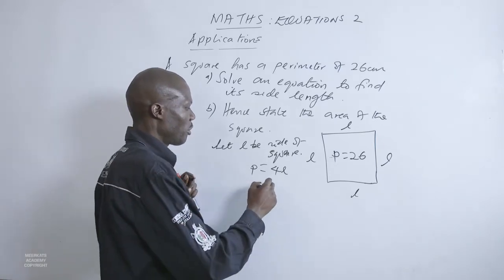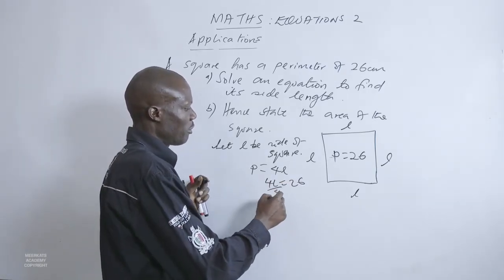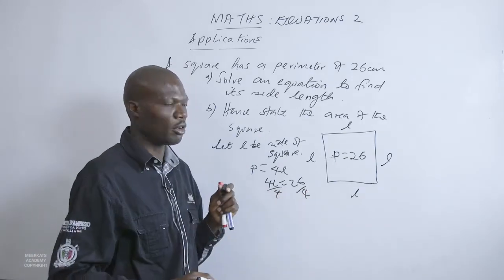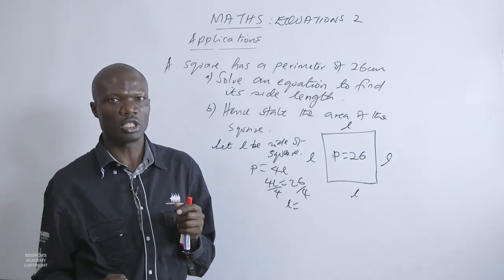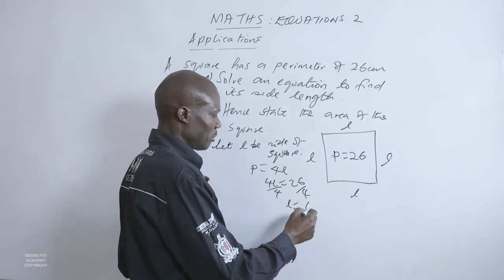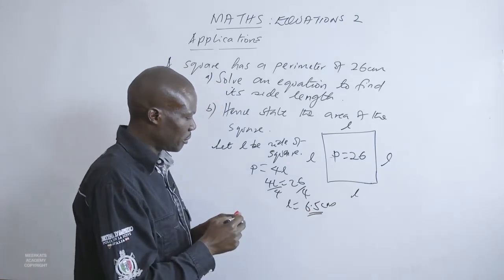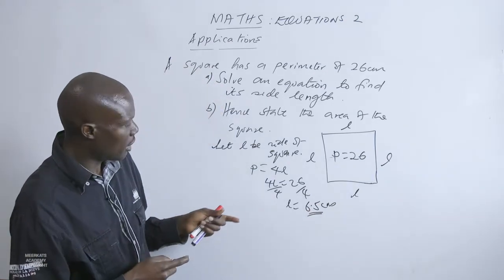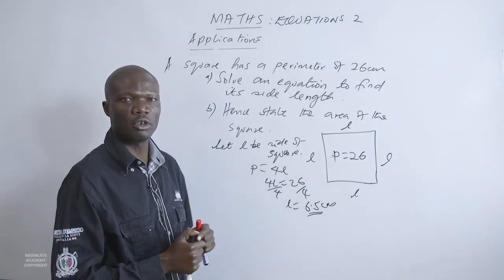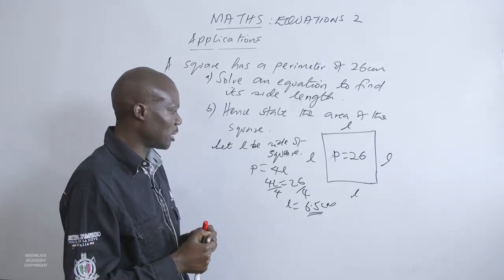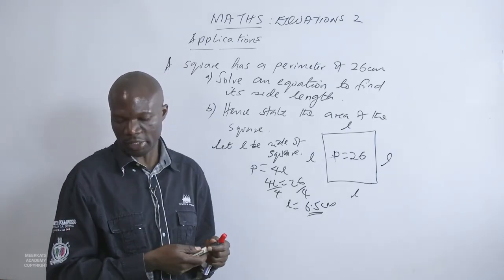So we shall say 4L is equal to 26. We divide here by 4, divide this one by 4. You find that L is equal to 6.5. You can also work that out using your calculator and confirm if it is correct.